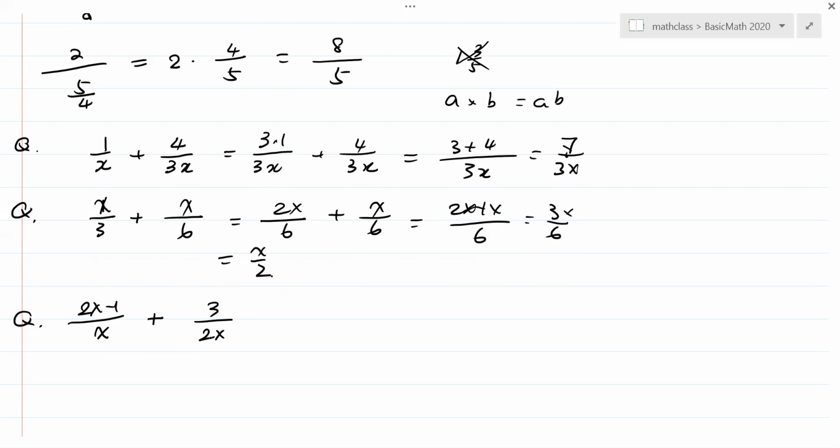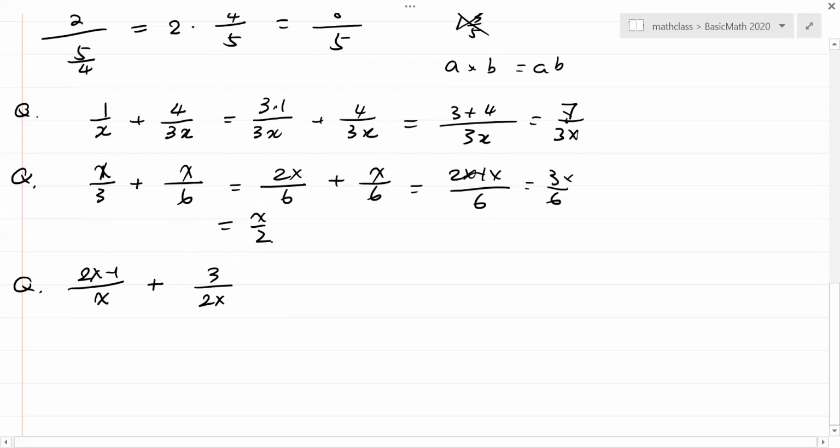Can you do that? You look at the two denominators, x and 2x. They do not have a common denominator, so you make them have a common denominator.